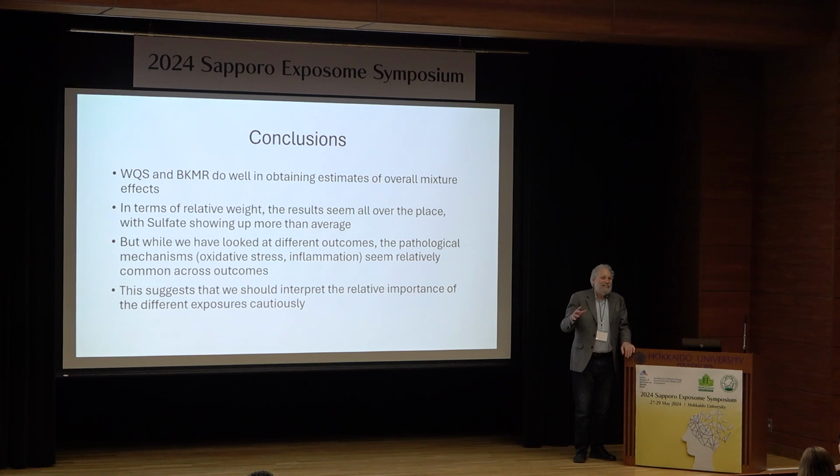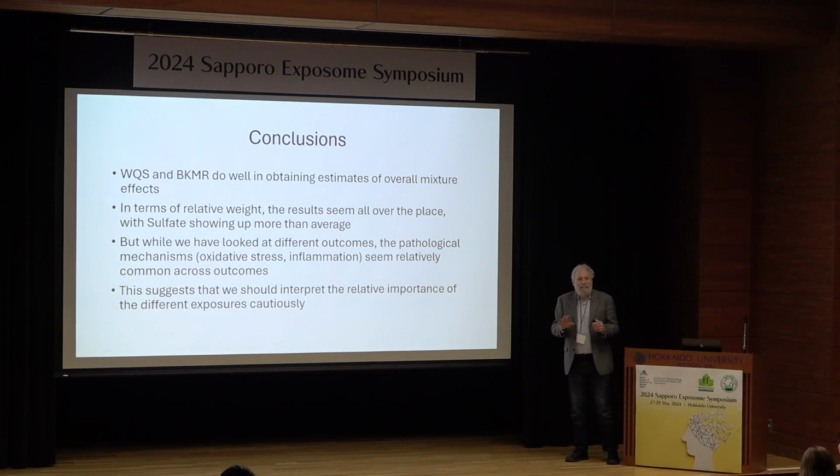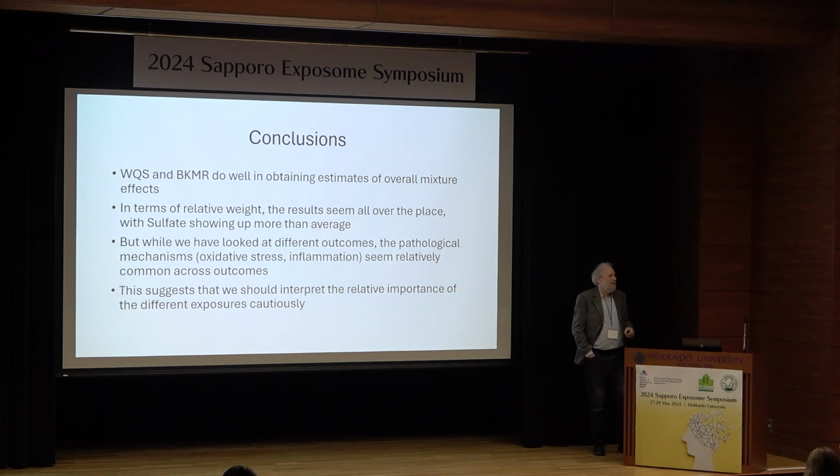Yeah, but you know, these particle effects seem to be driven by reactive oxygen species and inflammation, and they're related to all of these outcomes. And so I mean, sulfate showed up more often than anything else, so it's probably a worse than average actor, but I think that looking at these weights, we need to be really careful because I think they're bouncing around too much.